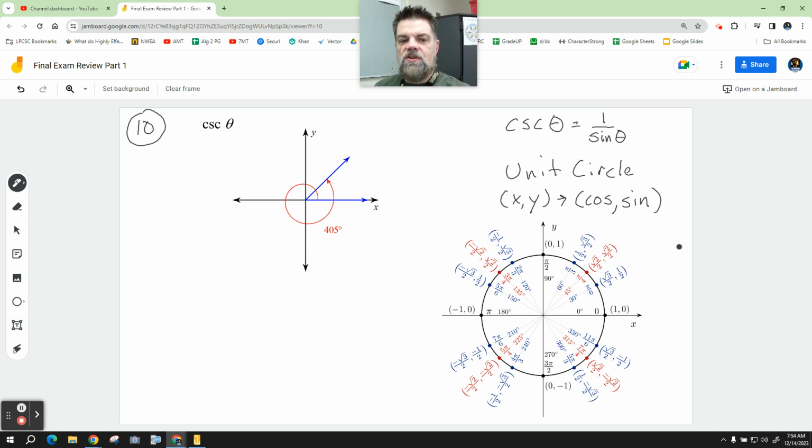Now I also know that this is a 45-degree angle, okay? Because it does one full revolution, which is 360. And if I want to figure out what my reference angle is, I take this 405 and I subtract 360 from it. And yeah, it's 45, right?